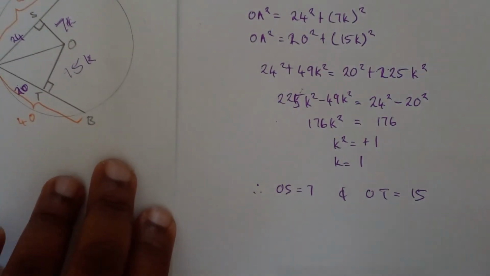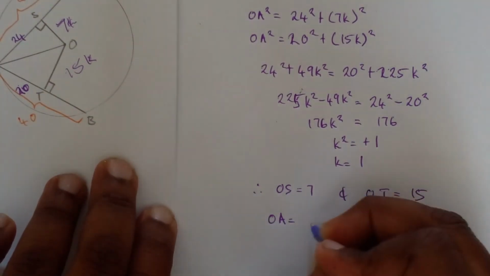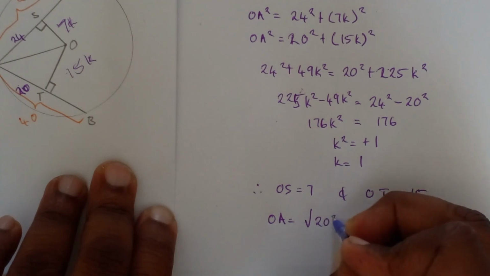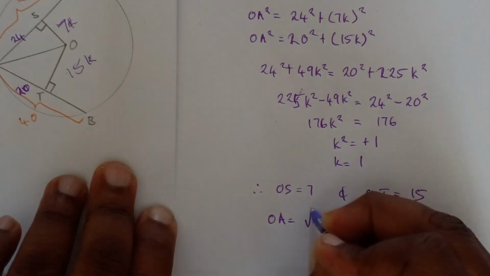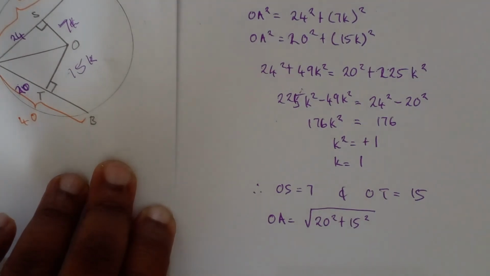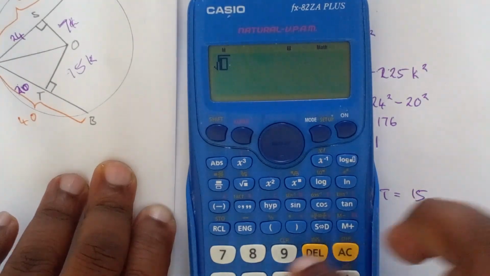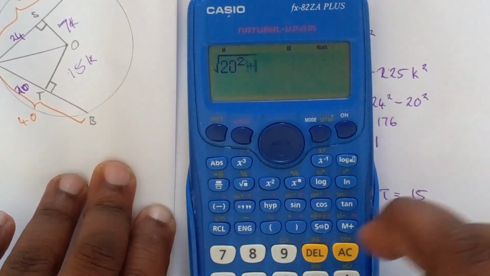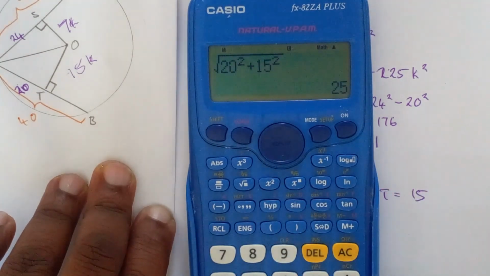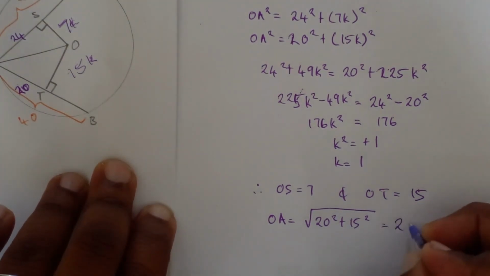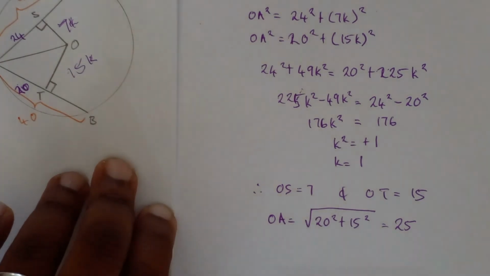So OA is equal to the square root of 20 squared plus 15 squared. Let me bring a calculator on here real quick. The square root of 20 squared plus 15 squared is 25. So OA is equal to 25 units, and there we got it.